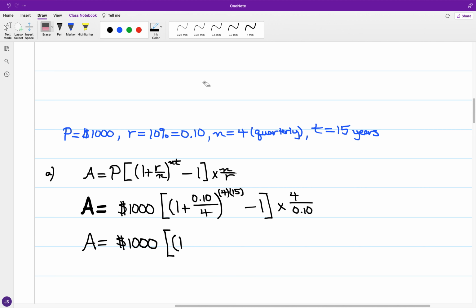Now we'll go ahead and write the sum. 0.10 over 4 is 0.025 added to 1, so this is going to be 1.025. For N times T, we have 4 times 15, which is 60. So we have minus 1. And for N over R, we have 4 divided by 0.10, so this will reduce to a whole number.